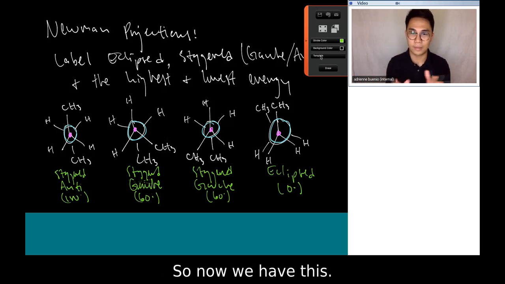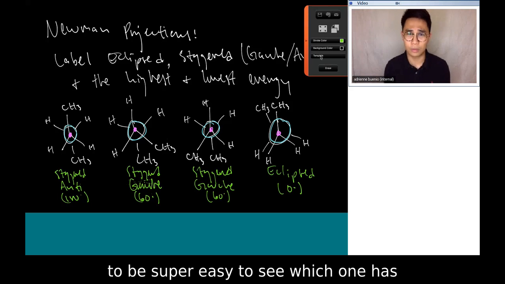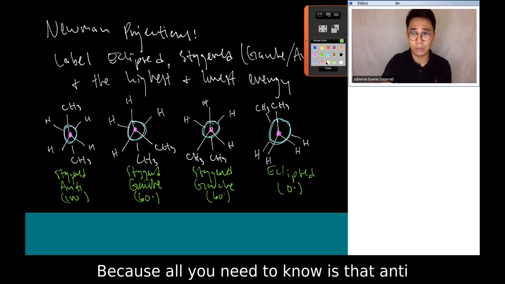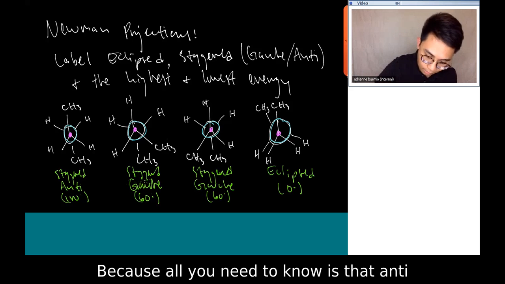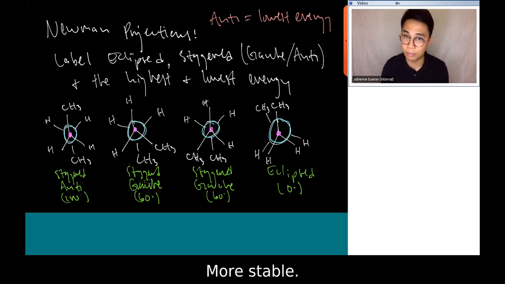Now that we have this, it's going to be super easy to see which one has the highest and lowest energy because all you need to know is that anti has the lowest energy. And what did we say about lowest energy? More stable.